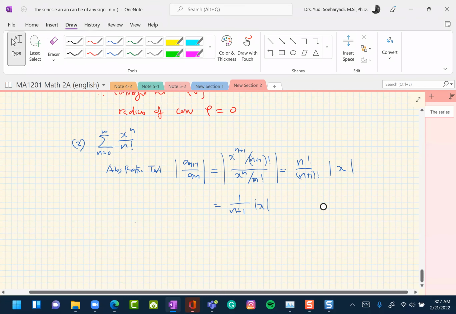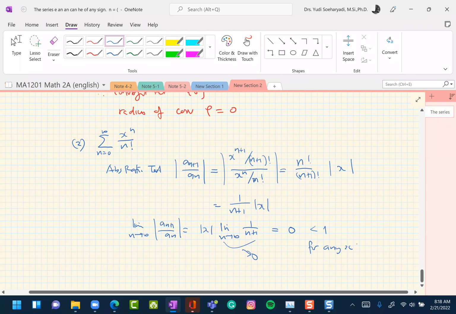So the limit is just absolute value of x times the limit, but this goes to 0. So this is always 0, always the case for any x. This doesn't depend on x.